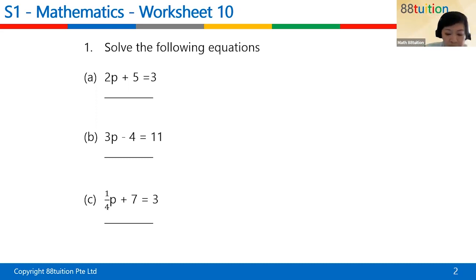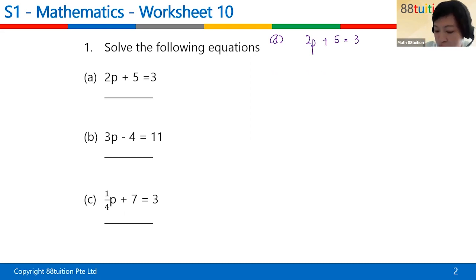All right. Okay, coming back to here. We are talking about this. Let's see part A. Now, when we have 2p plus 5 equals 3, in solving this we call them the left-hand side and the right-hand side. But I don't often use those terms too much.